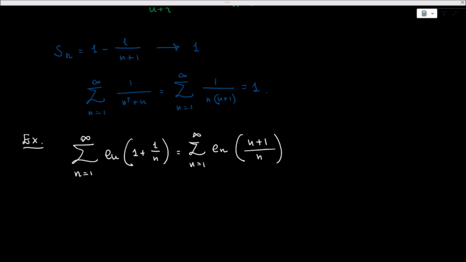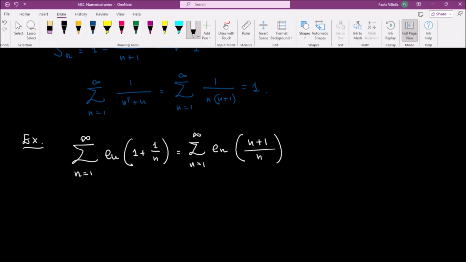Okay, so also in this case, let's see what the partial sums look like.